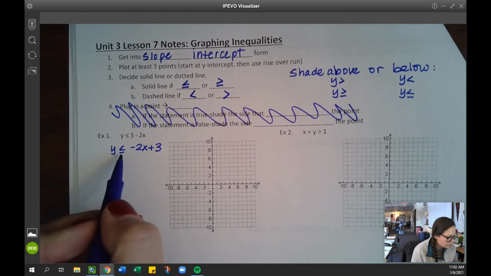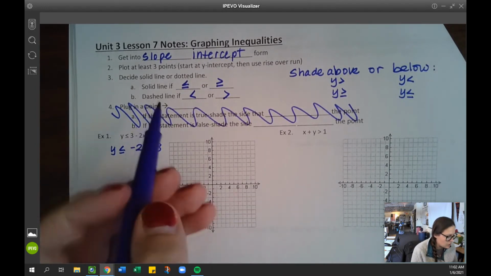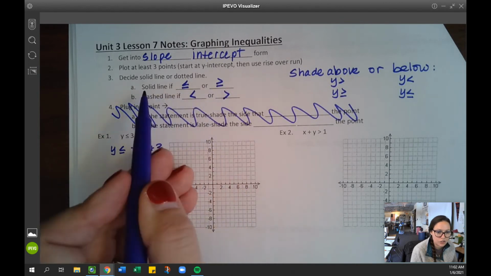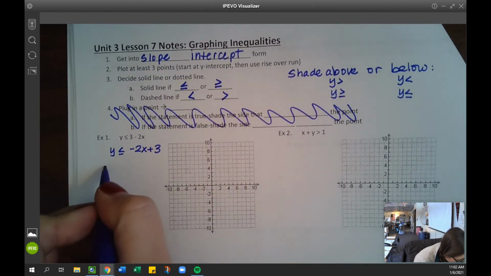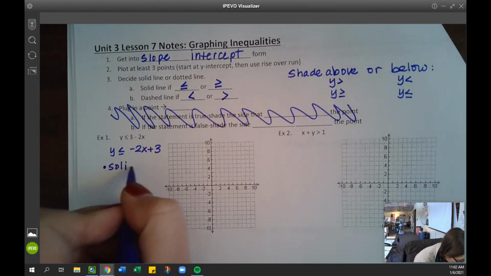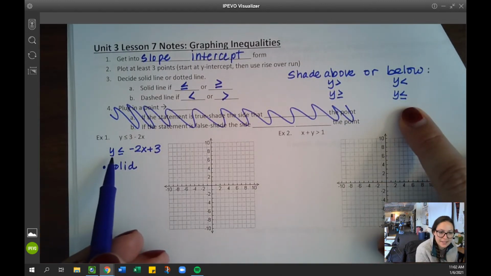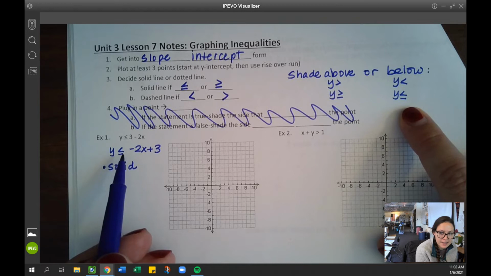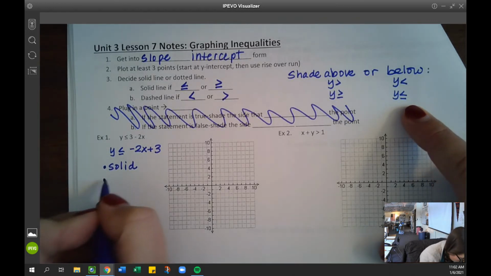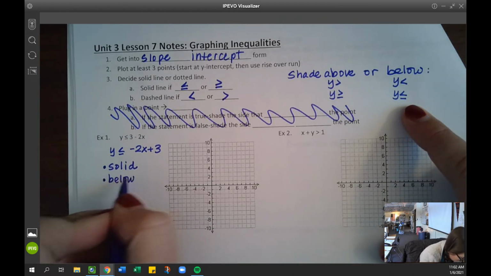So less than or equal to. Since it's the or equal to, I'm going to have a solid line. And since y is less than or equal to, that means we shade below the line.